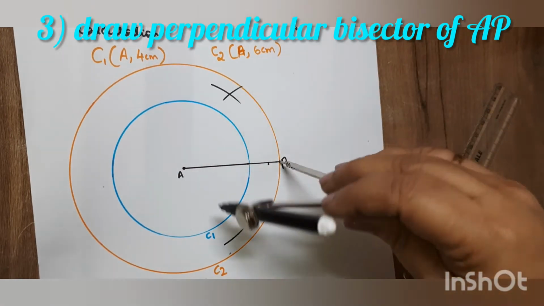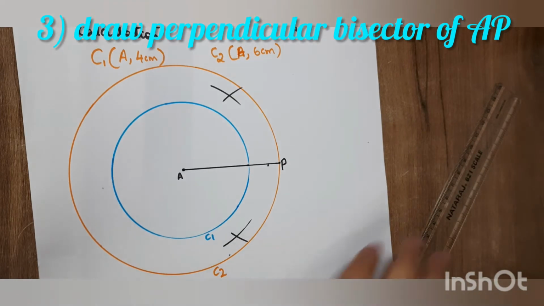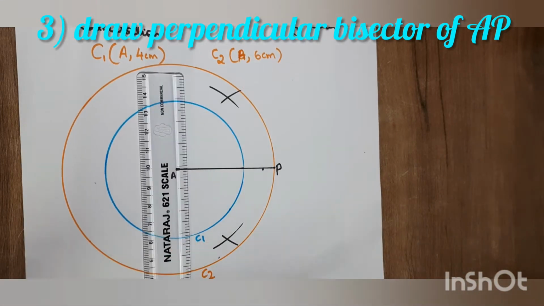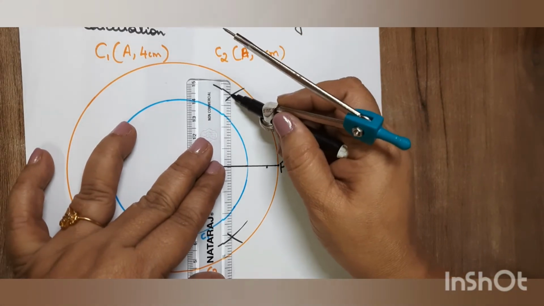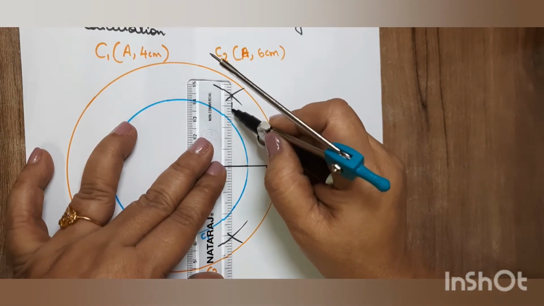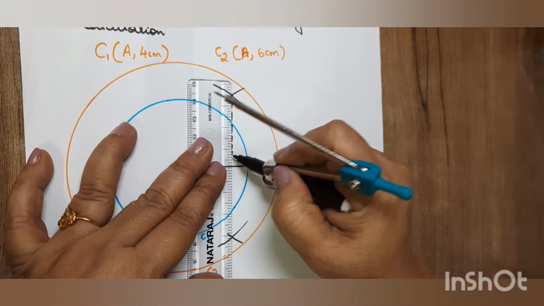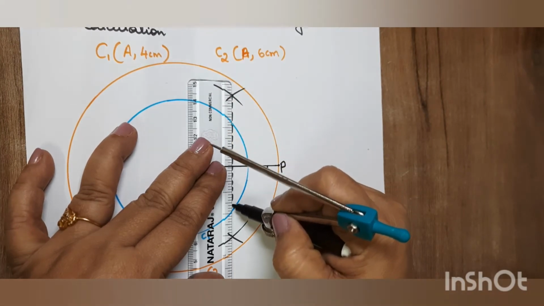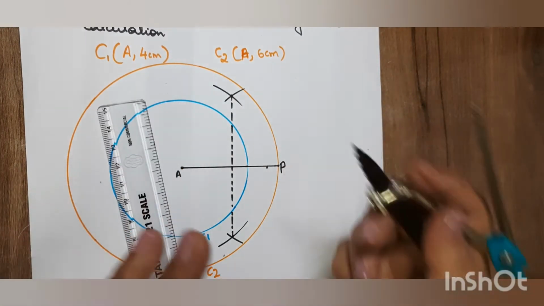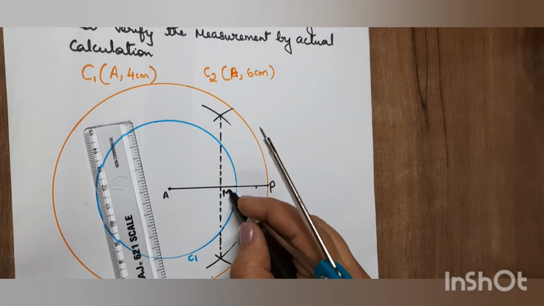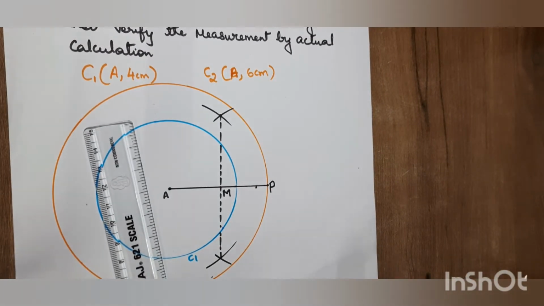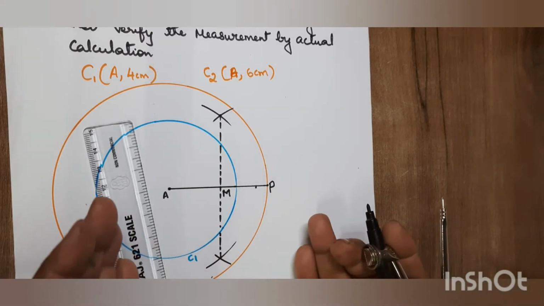Just the simple 90 degrees what you used to do in 9th standard, or perpendicular bisector, the same thing. Again draw a dotted line. Here it's not mandatory to draw a dotted line, so your construction looks good in that case. So it is M over here. M I take just to remind us it is the midpoint of AP.